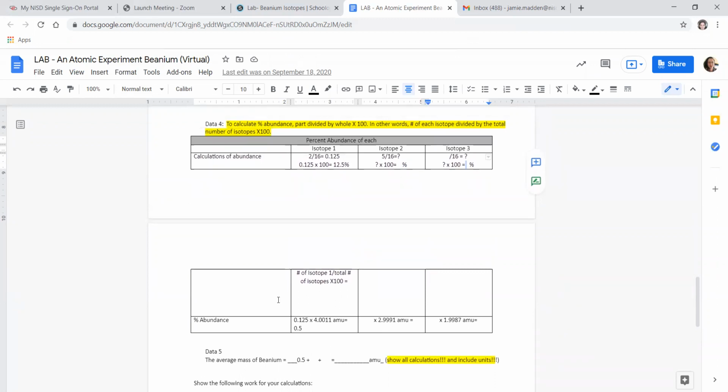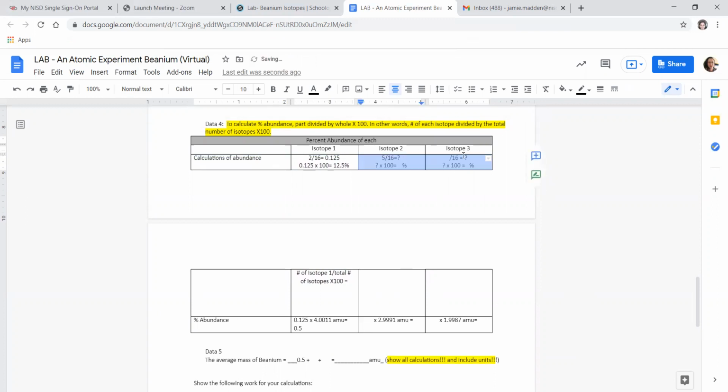All right, for the final box of data table 4, you're going to take your top numbers, these answers up here: your answer from isotope 2, and your first answer from isotope 3, and you're going to plug them in here.